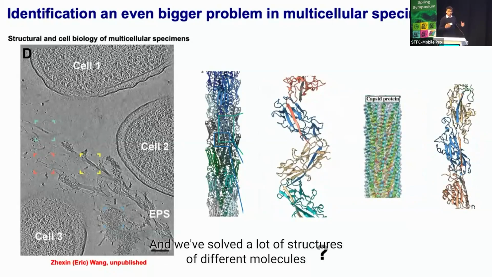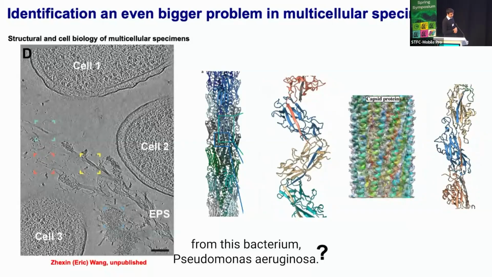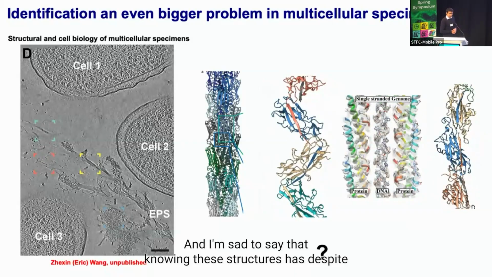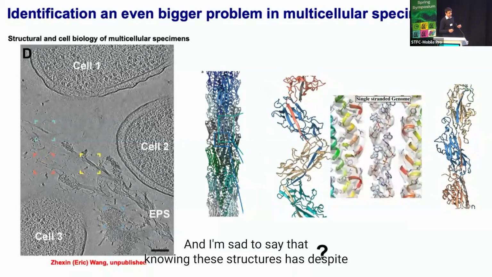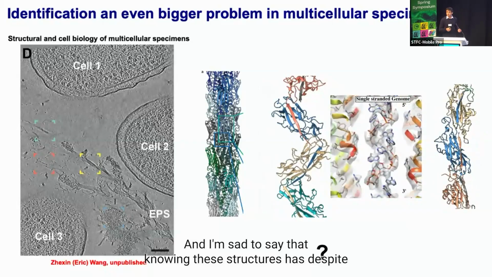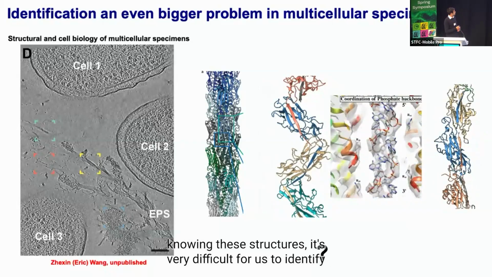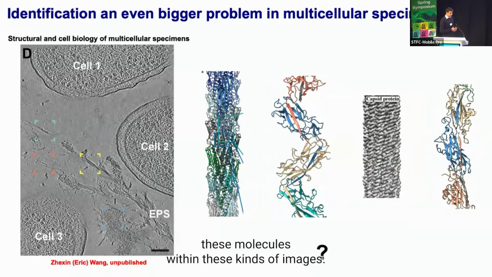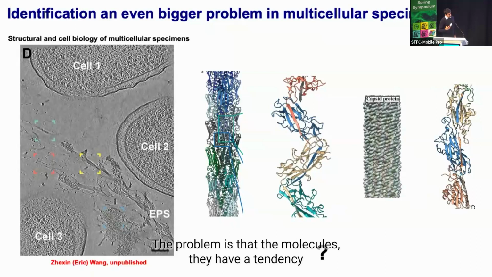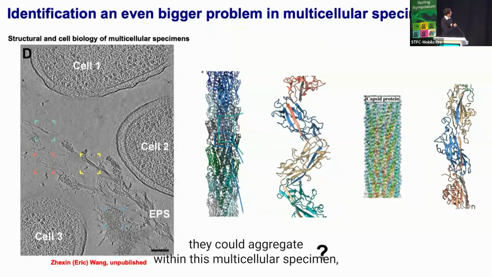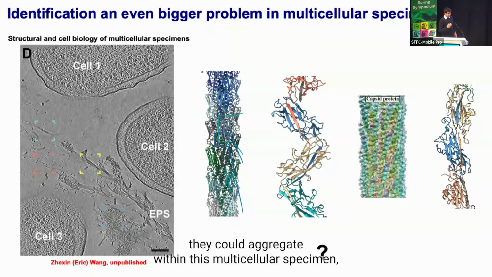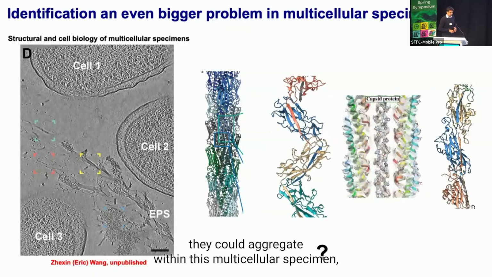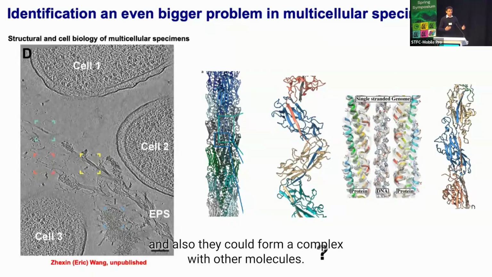And we've solved a lot of structures of different molecules from this bacterium, Pseudomonas aeruginosa. And I'm sad to say that despite knowing these structures, it's very difficult for us to identify these molecules within these kinds of images. The problem is that the molecules have a tendency to aggregate within this multicellular specimen, and also they could form a complex with other molecules.